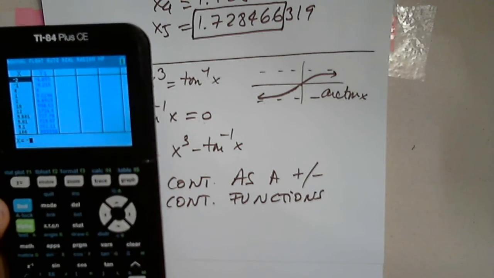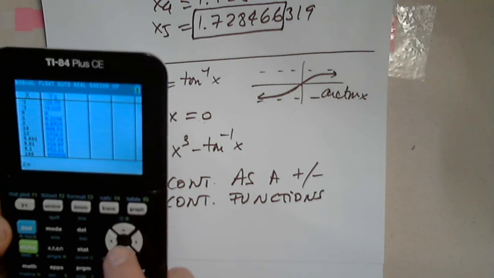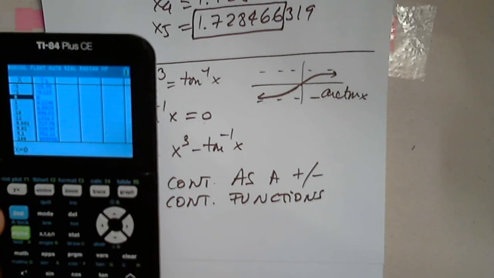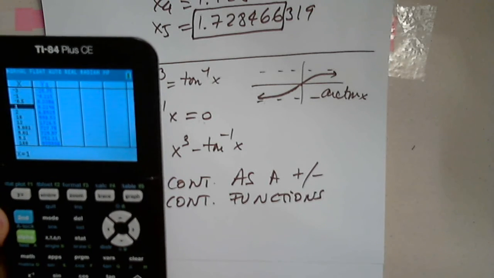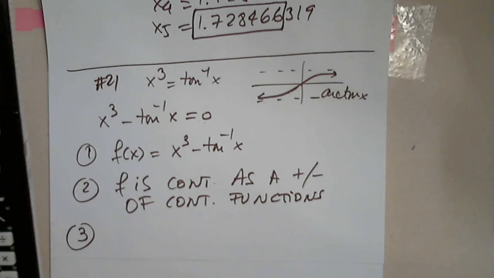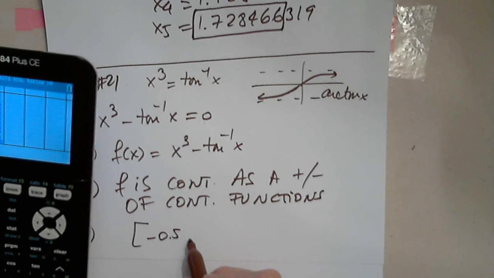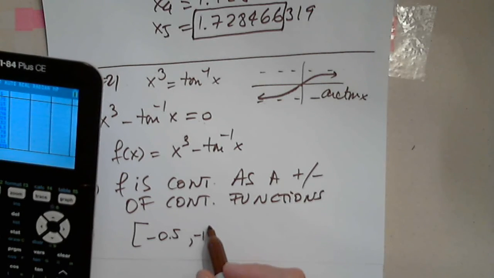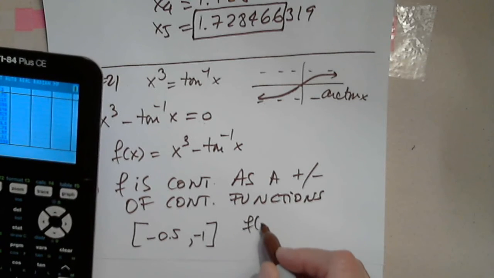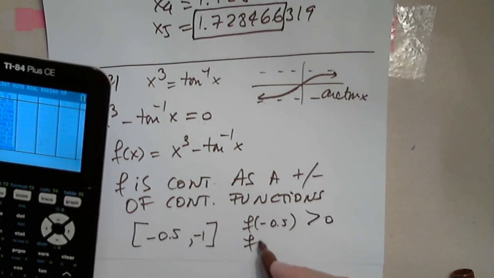So it changes between -1 and -1/2. And then yeah, that's what I was thinking to put in, because from the graph. So -0.5. Yeah. Very good. Tricky, huh? So -0.5 and -1. So f of -0.5 is positive, and f of -1 is negative.